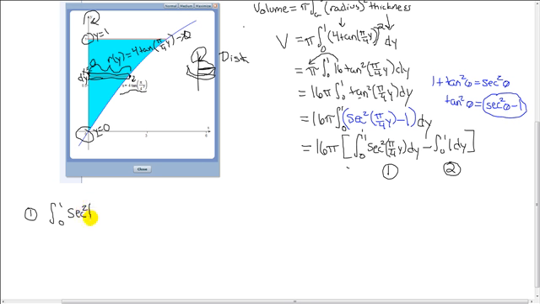So let me come way over here and look at just integral number 1. I'm hopping around the screen here. Just the integral from 0 to 1 of secant squared pi over 4y dy. And so now, I said a second ago, we don't know a function immediately whose derivative is tangent squared pi over 4y.